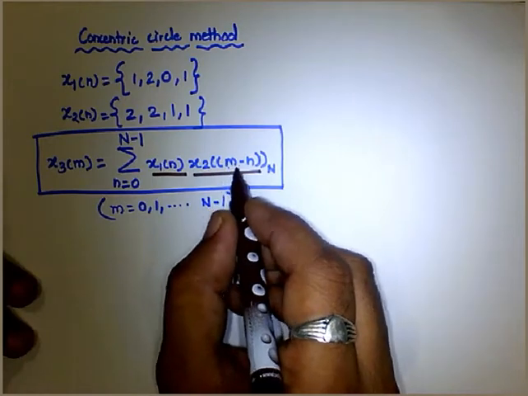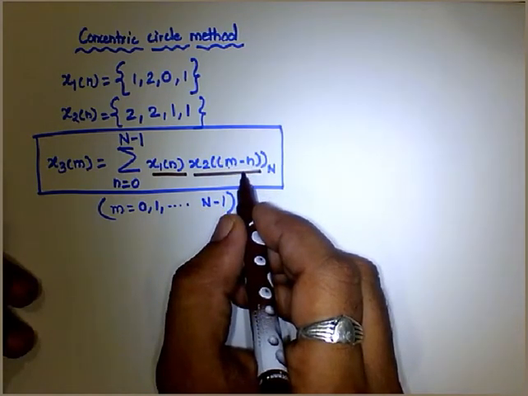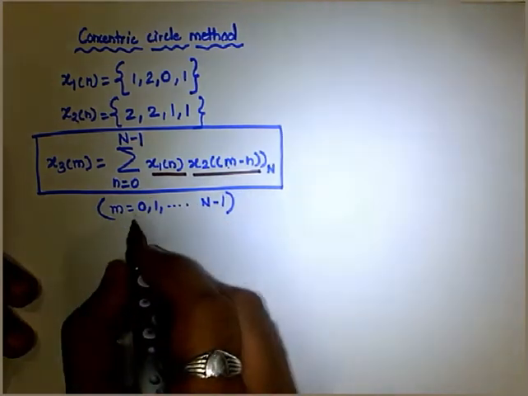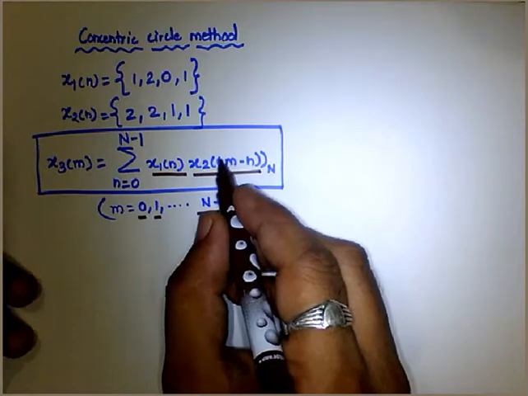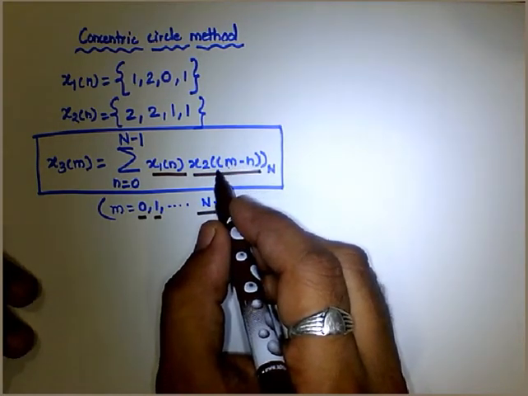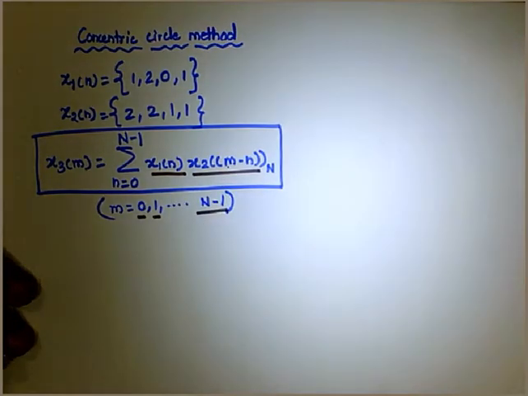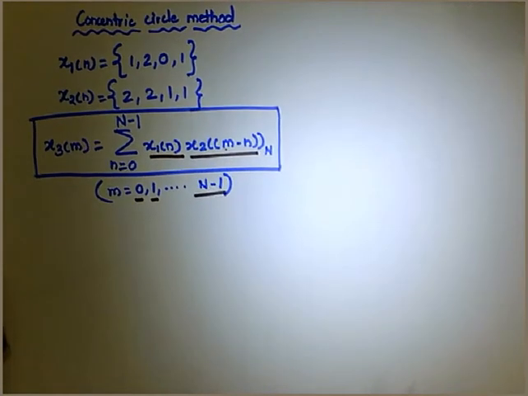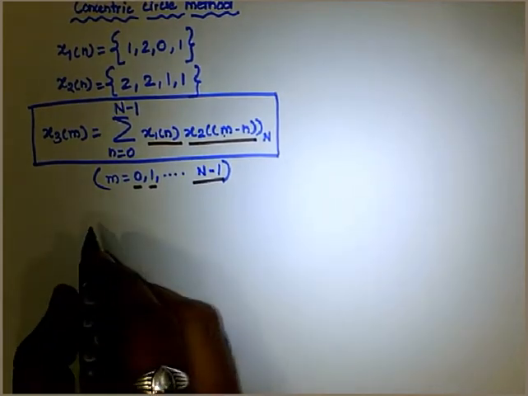If m is 0, it means x2 of minus n is the sequence with us, and by varying the values of m from 0, 1 till N minus 1, we can delay this x2 by a certain amount. So every time it will be delayed by 1. So for this kind of technique, we proceed with this circular shift.